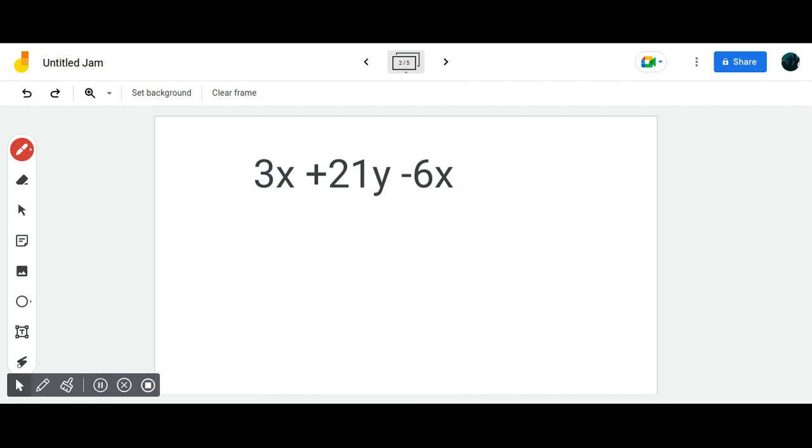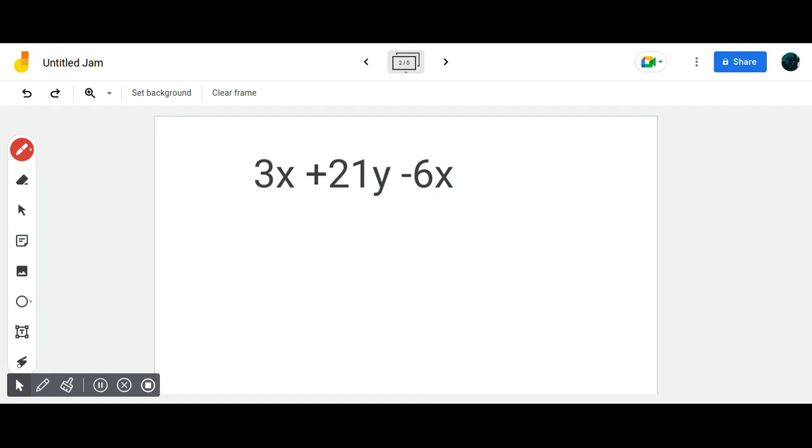And we have constants, which is a number that does not have any variable, and we have a term, which consists of coefficient and variable. So here we have three terms, which are 3x plus 21y minus 6x.